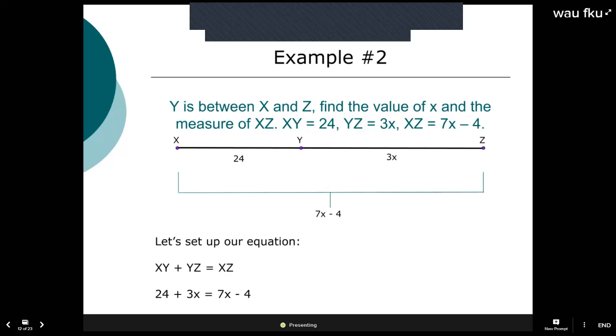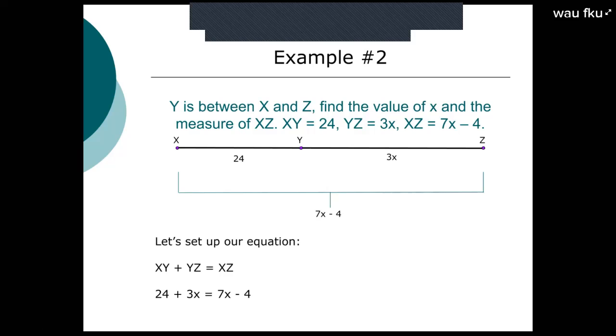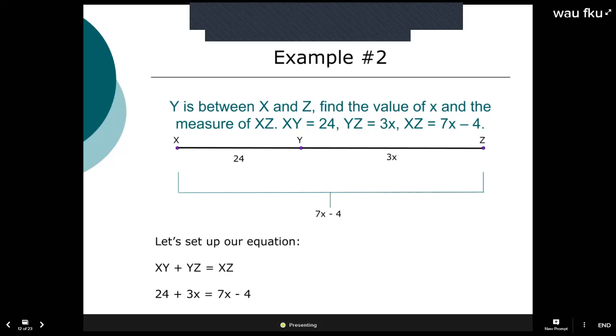Now we have an algebraic expression for 2 of the pieces. Still works the same way. So it's xy, this piece, so 24, plus this piece, which is 3x, equals the whole thing, which is 7x minus 4. So we still set the equation the same way, it just looks more complicated now, and it does have more steps.